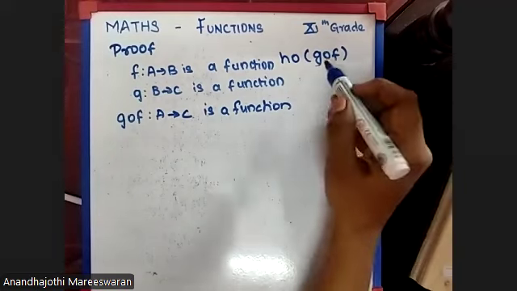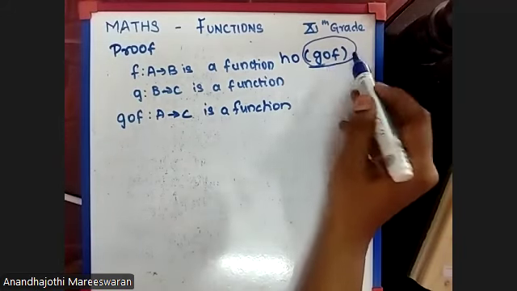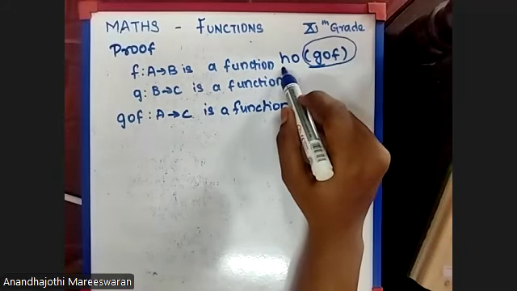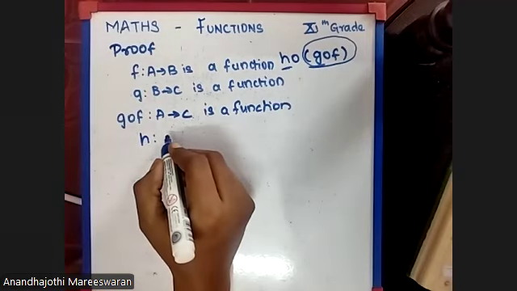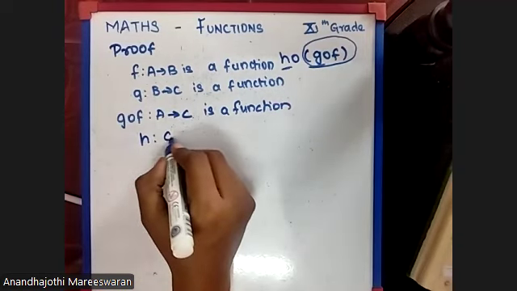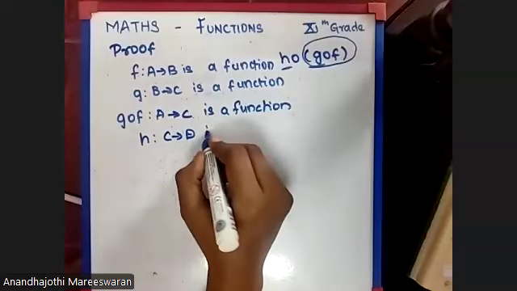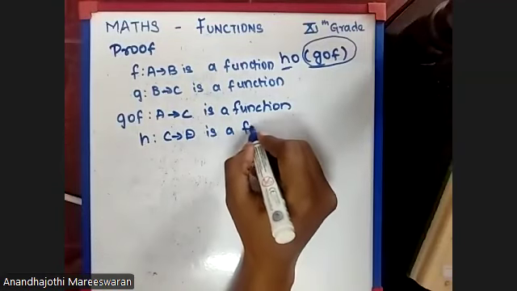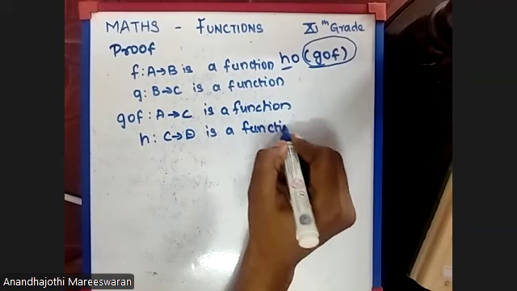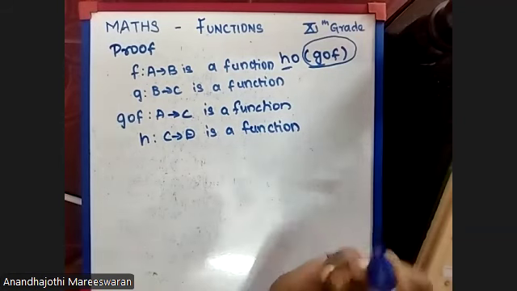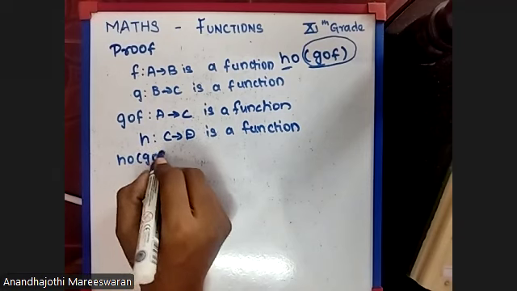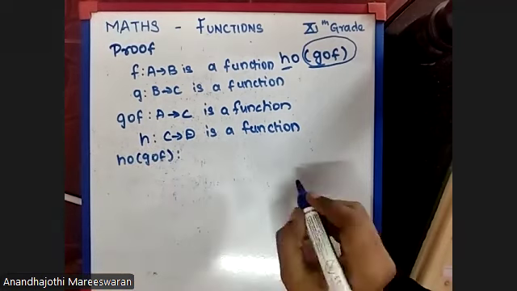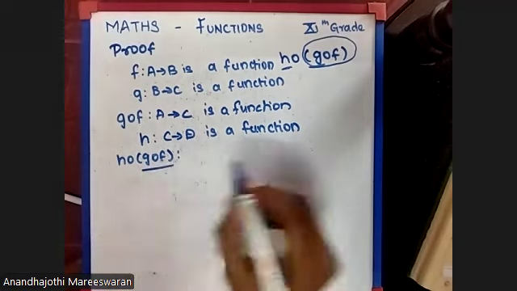Now we have already found the domain for this one. Now we have to do it for this one. So H is already given. H maps C to D as a function. Right? So H circle G circle F. Okay. So whom are we going to write first?